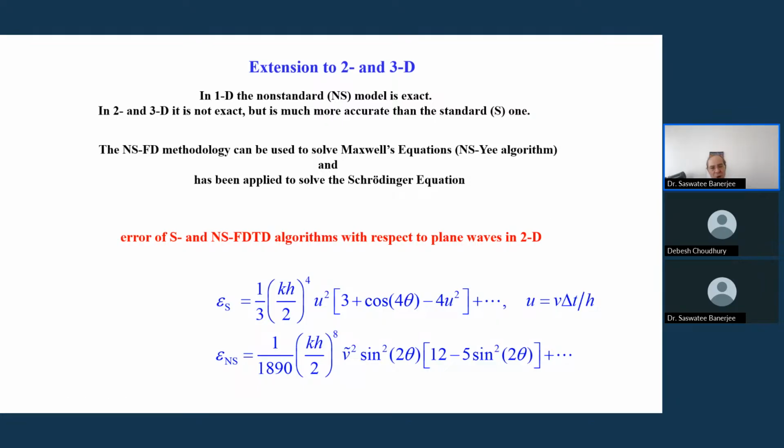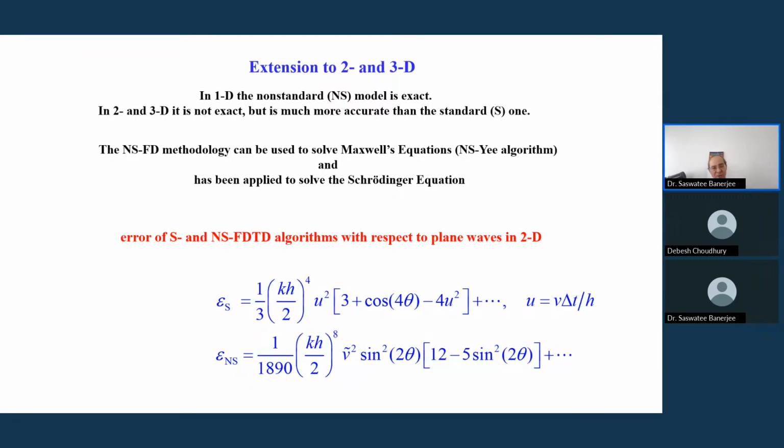Now, we don't have an exact solution to Maxwell's equations or the wave equation, but let me just tell you that in the ordinary FDTD, the error is proportional to the space step to the 4th power, kh. So it's basically h over the wavelength. h is always smaller than the wavelength.